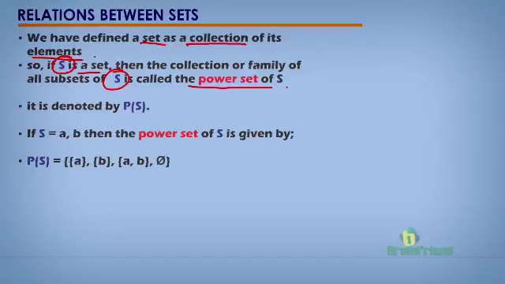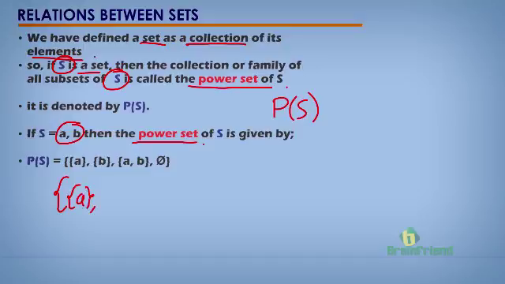The power set of S is denoted as P bracket S, where S is our given set. So if S is the set of elements A and B, then the power set of S is given by our set A, our set B, which are all subsets of our given set, our set AB, which is a subset of itself, and our empty set.